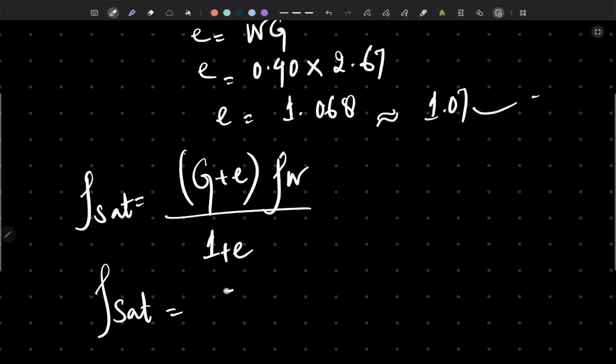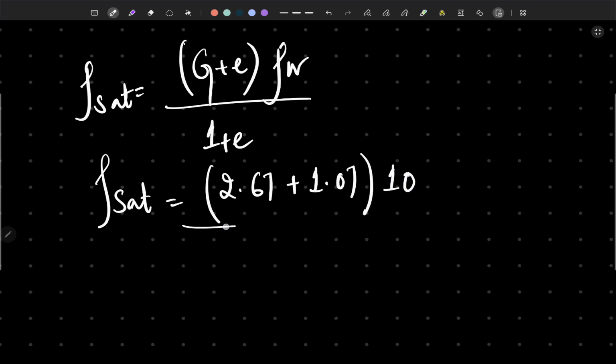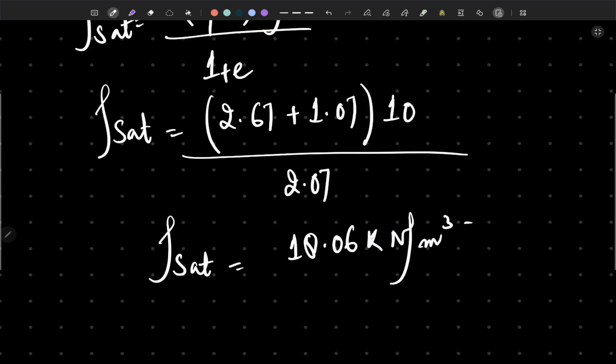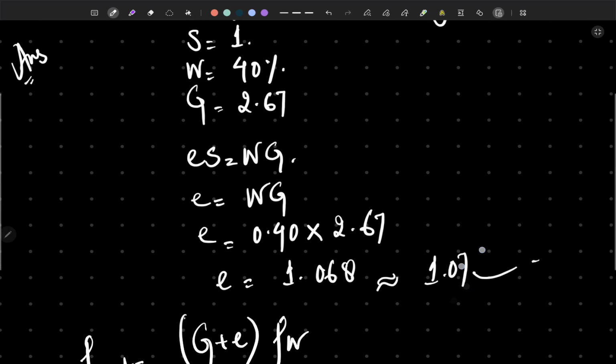Saturated density, G is 2.67, e is 1.07, density of the water 10 kilonewton per cubic meter, divided by 1 plus e, that means 2.07, 1 plus 1.07. Upon calculating, this is equal to 18.06 kilonewton per cubic meter. Second part is also completed.